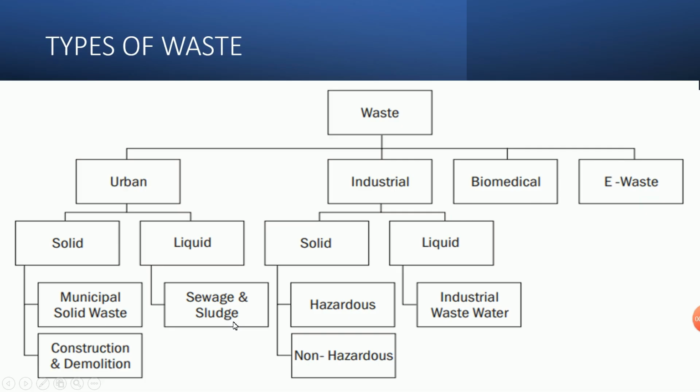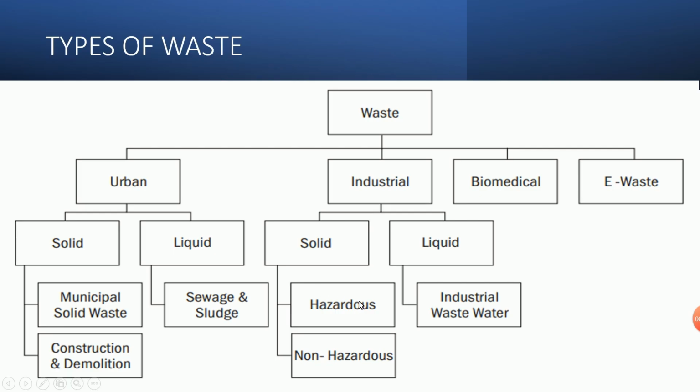Next, sewage and sludge. Our excretions, the drains, all of that comes under liquid as sewage and sludge. In industrial, we see hazardous and non-hazardous. Hazardous waste is various chemicals. Again I am giving you an example from the movie Mirudhan: at the start there is radioactive waste, which is known as hazardous waste, and the dog will drink it and then bite a person, and the chain reaction will happen.